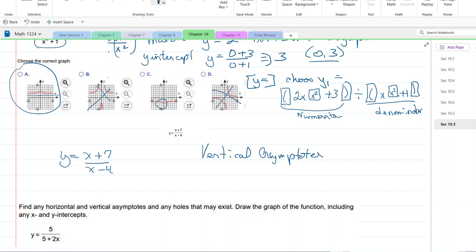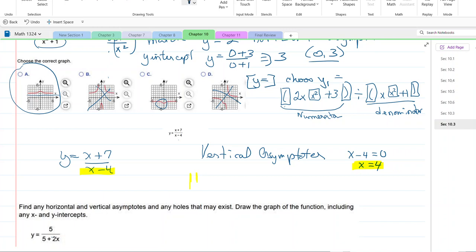All right. So this means we set this guy equal to 0. So we do have a vertical asymptote. Now we want to see if we have a horizontal asymptote.